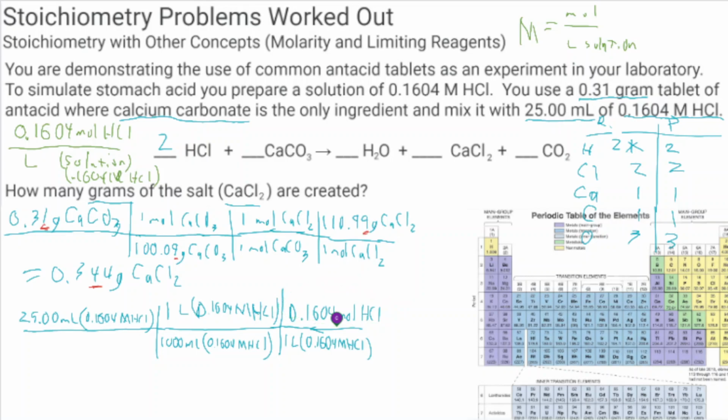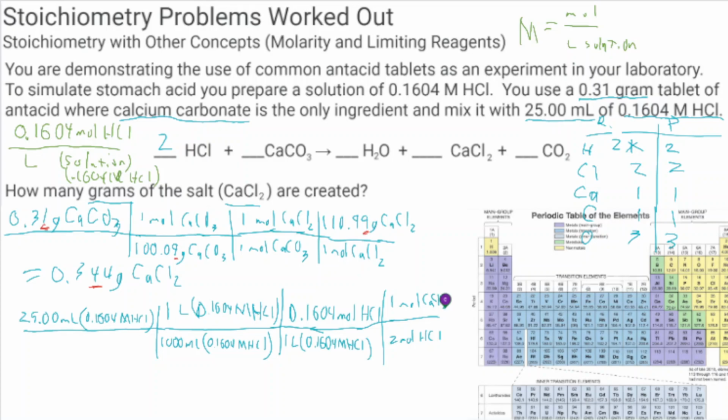So we can just look at our 2 moles of HCl is equal to 1 mole of calcium chloride. All right, so you don't have to do molar mass for that section. All right, so let's go ahead and continue on here. So for every 2 moles of HCl, we have 1 mole of calcium chloride.